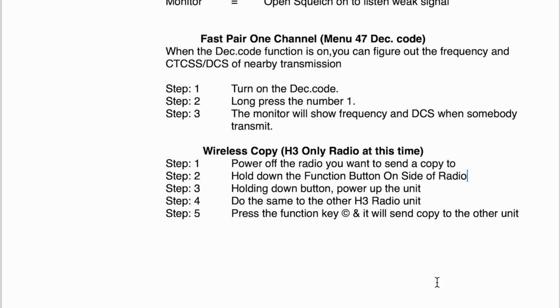I will show you that in the video. Holding down this button, power up the unit, and you will get a dialog saying you're in the wireless copy mode. You repeat the same thing on the other radio, same steps. Now, the first radio, the one that you want to send a copy from, press the function key, that little button on the side. It will send a copy to the other unit.